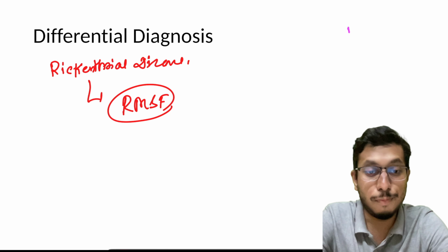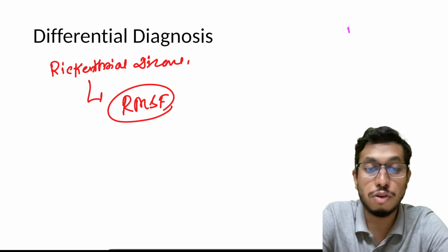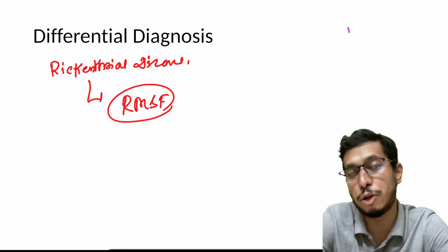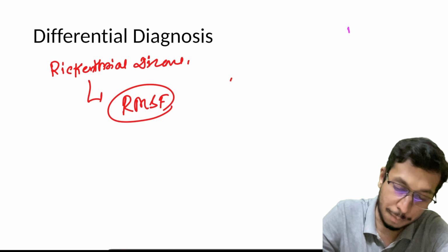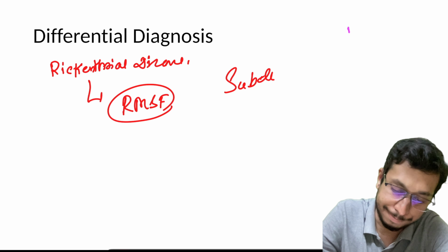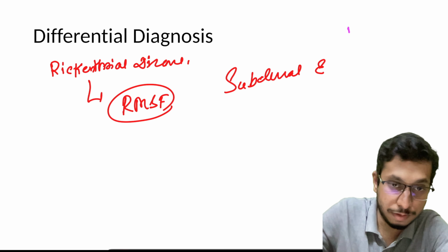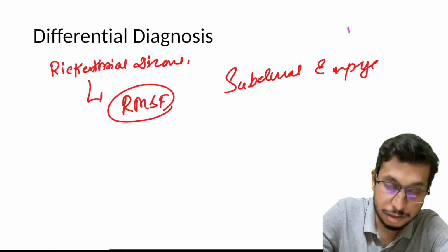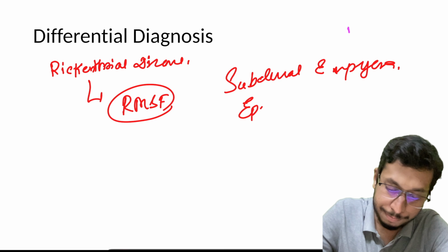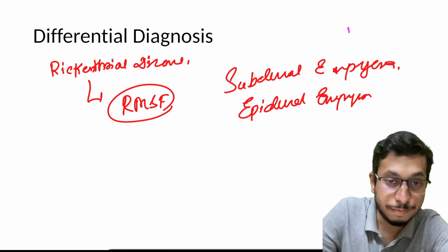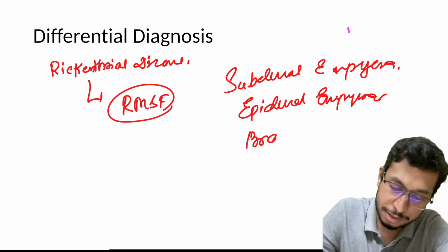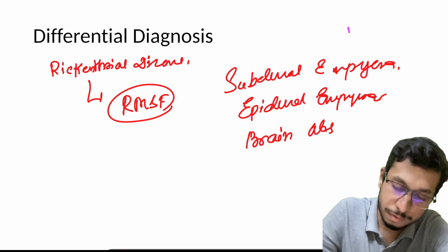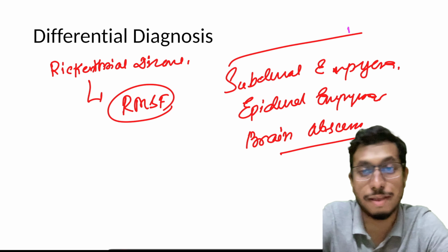All right. Now, besides that, there are some other causes of focal suppurative CNS infection, for example, subdural empyema, epidural empyema, and brain abscess, which can have similar presentation.